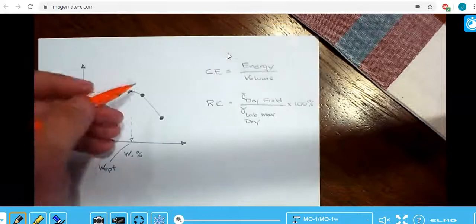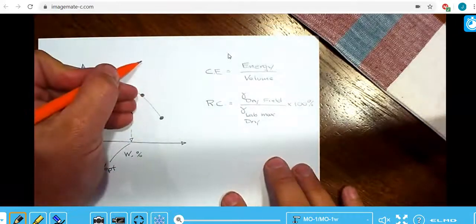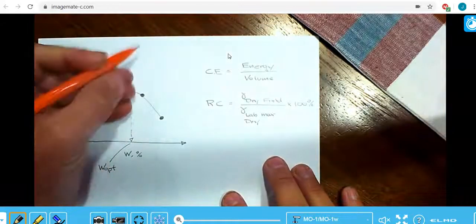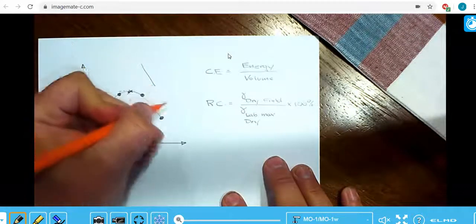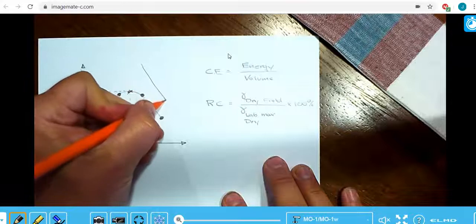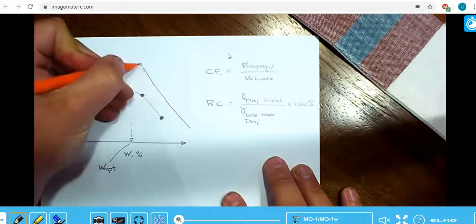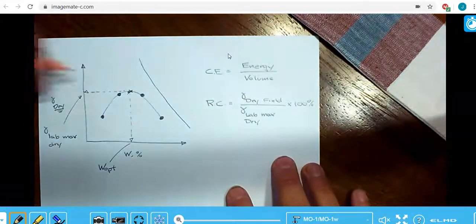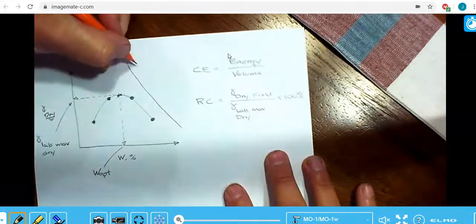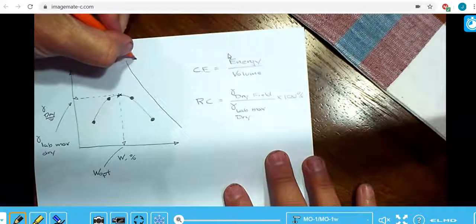Another thing we look at is we usually draw on a saturation curve, and so that ends up looking like this. Okay, so this is what we call the zero air voids curve.